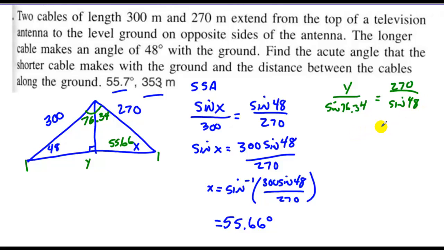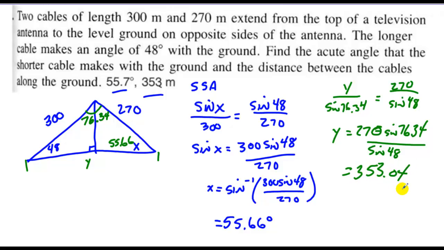I like to use the exact values, not the calculated approximations. So in this case, y will equal 270 times the sine of 76.34 over the sine of 48. And like our initial answers told us, this is about 353.04. So there we have it.